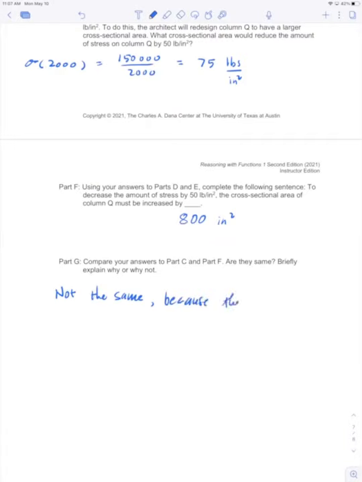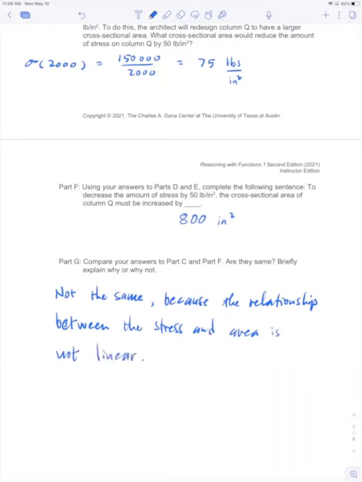Because the relationship between stress and area is not linear.